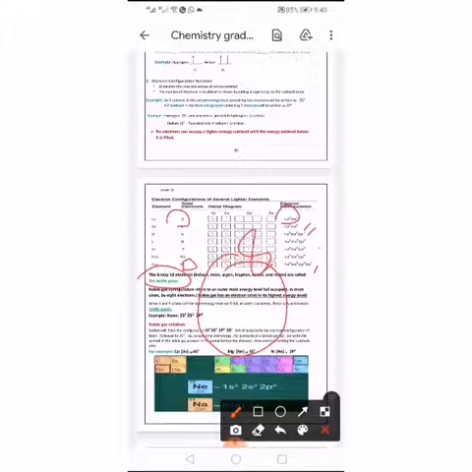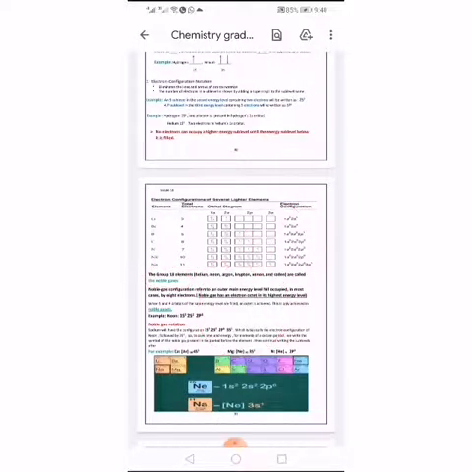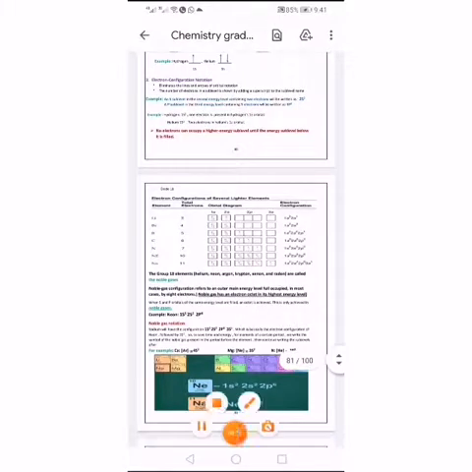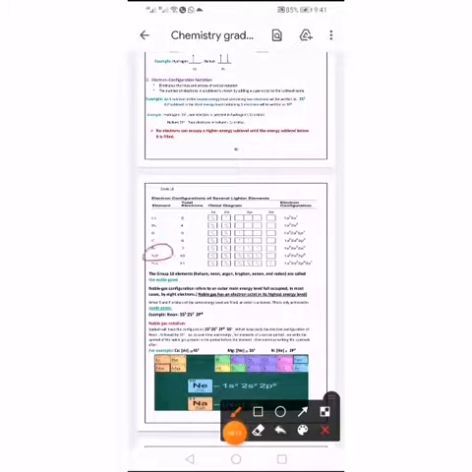Why non-reactive? Because the outermost energy level is filled with 8 electrons. Like in neon. Look, neon, atomic number 10: 1s2, 2s2, 2p6.